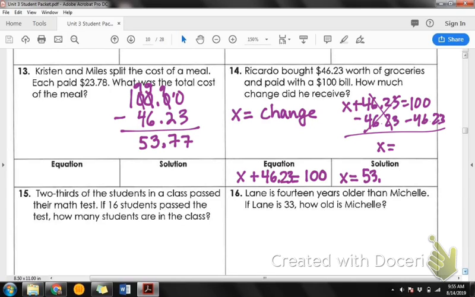So X equals 53.77 in our change. So the calculator says you put 42.63 instead of 46.23. You flipped the numbers around.